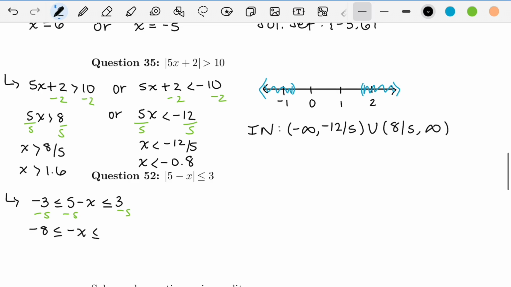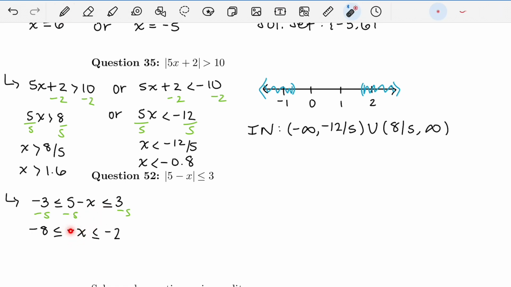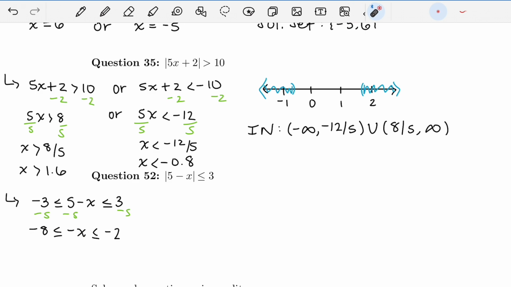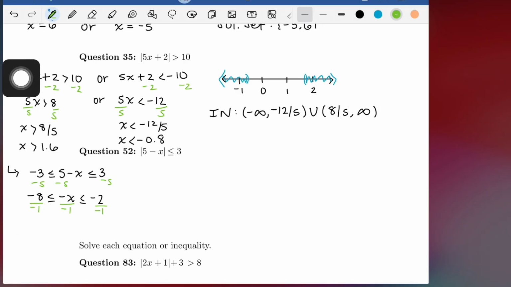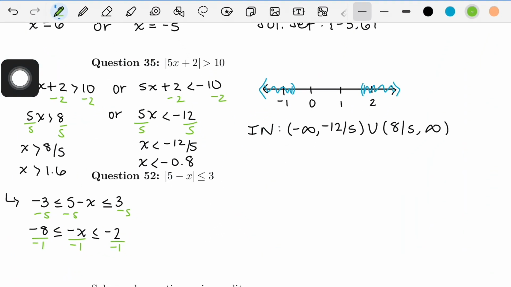So we're going to address that in a moment because we do want x to be completely alone. If we have a negative in front of our x, it's not by itself. So what we'll do here is we'll just divide by a -1. When we're dividing by -1, we're not actually changing the value of this inequality. And the fact that we're dividing by a negative is going to change the sign of our x so we can get it completely by itself.